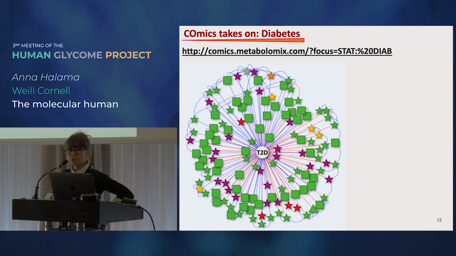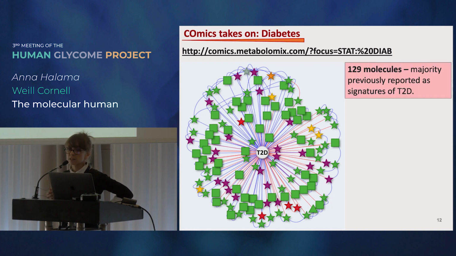So now I would like to change gear a little bit and point you towards the functionality of our server. You can look there not only for different molecules, but also different diseases. And what you can see here is the cluster around type 2 diabetes. We saw there 129 molecules which are known to be involved in diabetes, and this serves us, in fact, as a positive control for the functionality of our server.